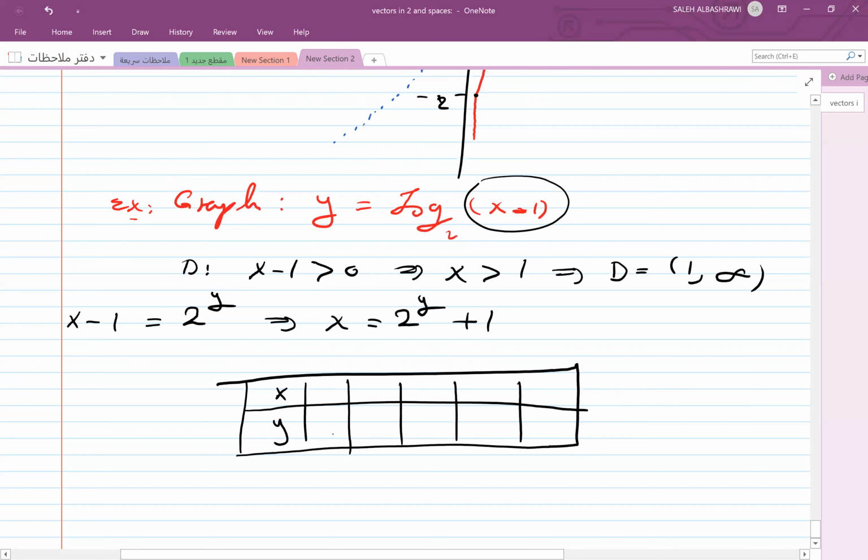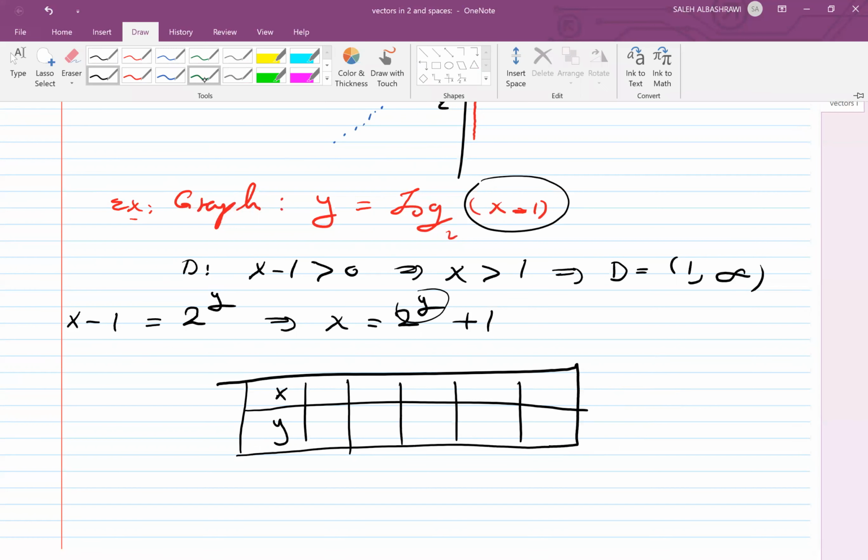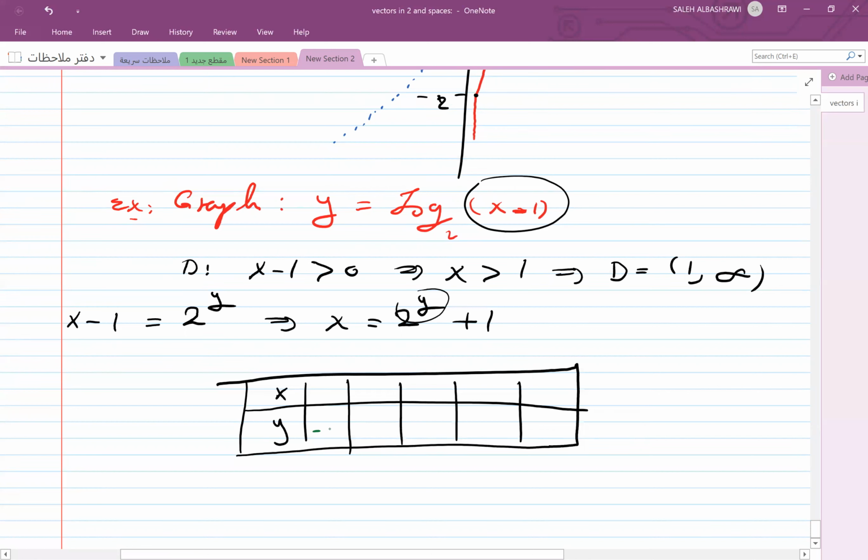So now my independent variable is y. So I'm going to choose y first. So it is minus 2, minus 1, 0, 1, and 2.